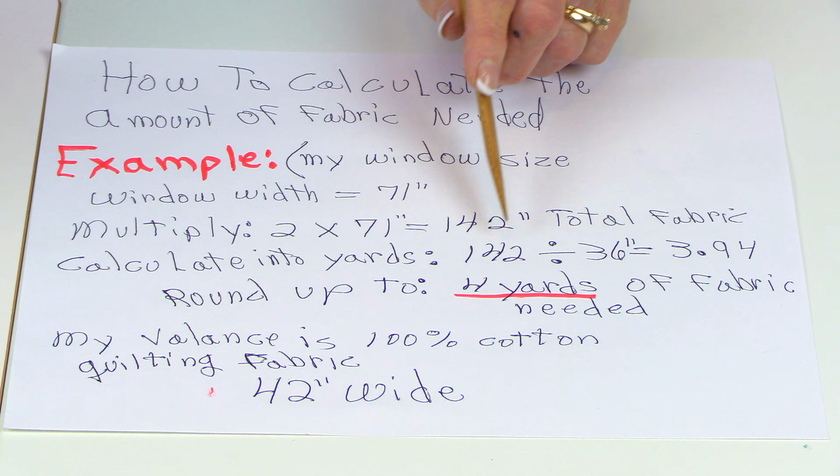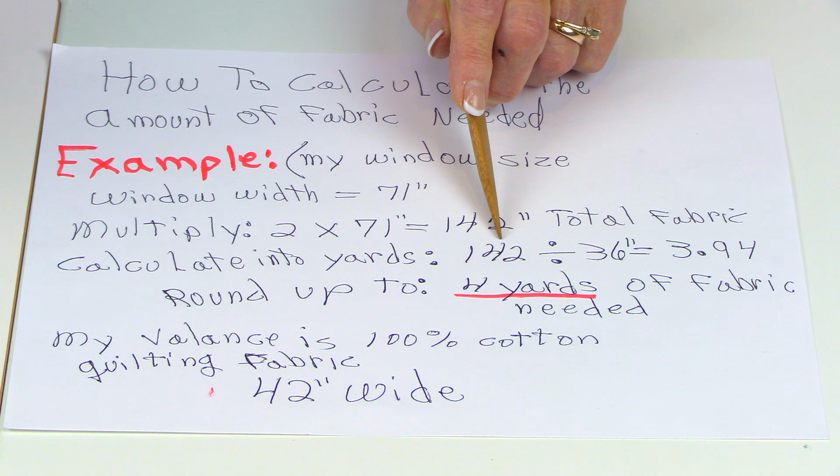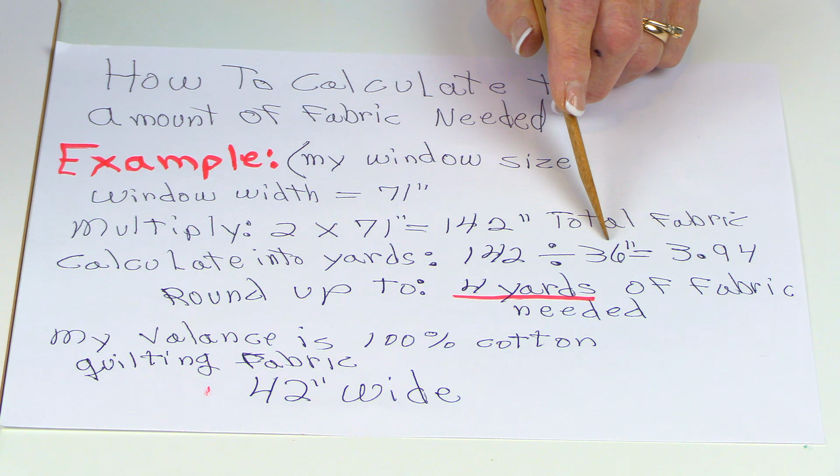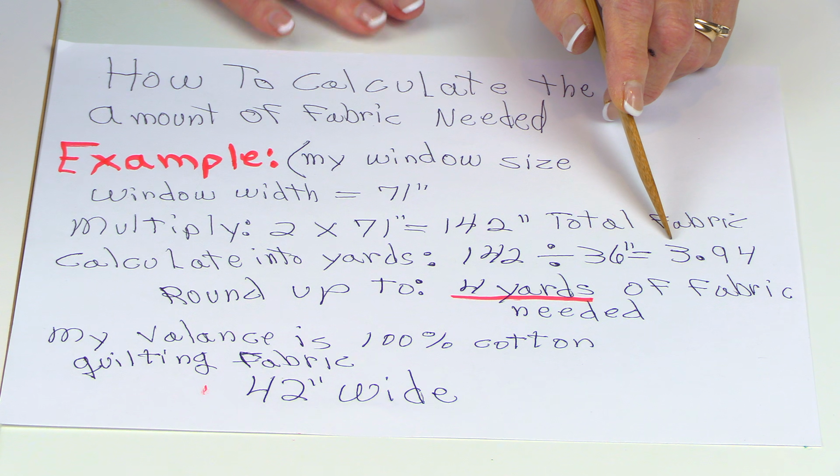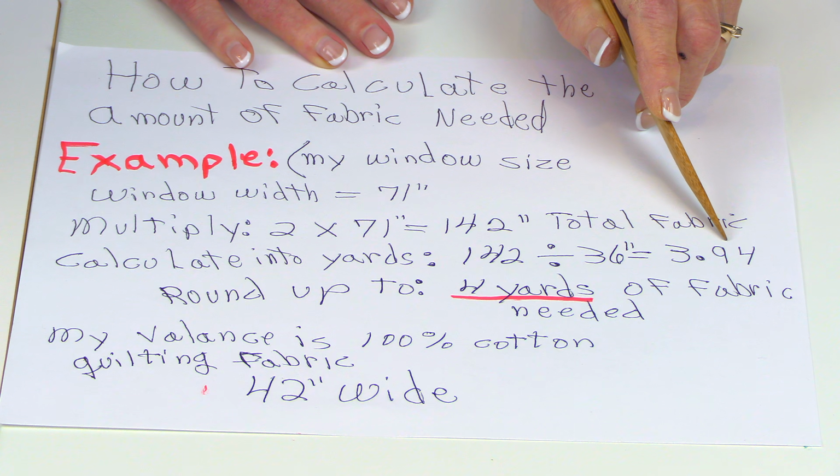But if you want to go in and calculate by yards, you're going to take that 142 inches, your doubled window width, and divide it by 36 inches. There's 36 inches in a yard, and that comes out to 3.9.